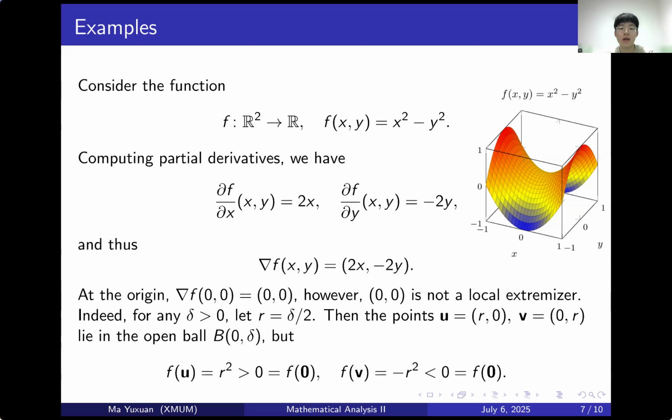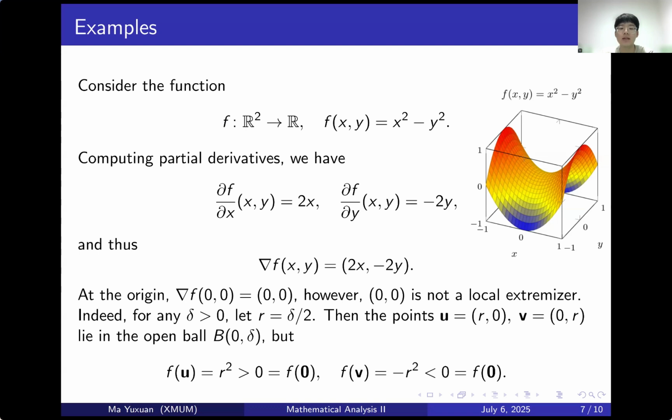Let's zoom in on a small open ball around the origin. For any small radius delta larger than 0, consider two points within that ball: u equal to (r, 0), v equal to (0, r). Then we compute f(u) equal to r squared, which is larger than 0, and f(v) equal to minus r squared, which is less than 0.